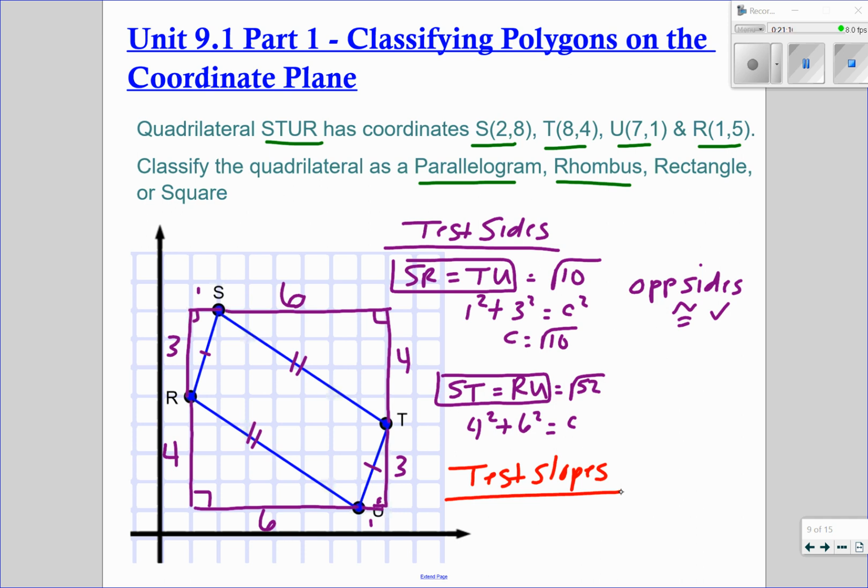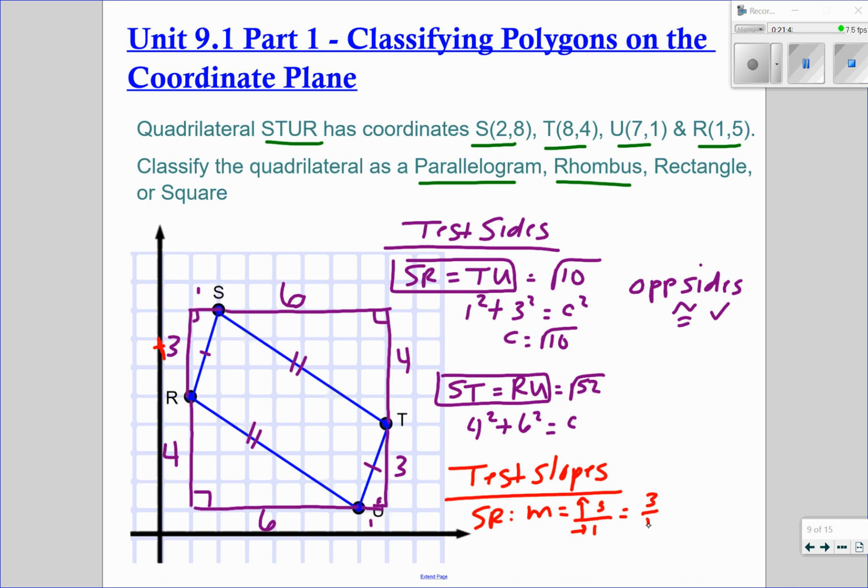We need to know that opposite sides have the same slopes. So let's check the slopes for, let's say, side SR. For side SR, my slope goes up 3 and over 1. So my slope is positive 3 over 1, or 3.